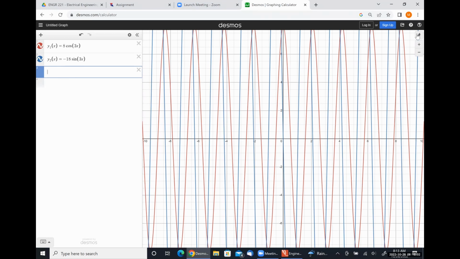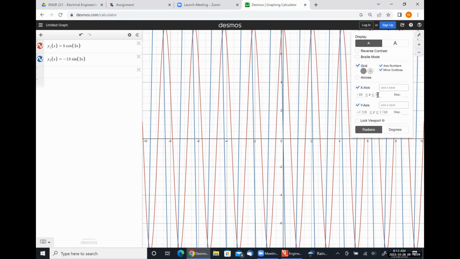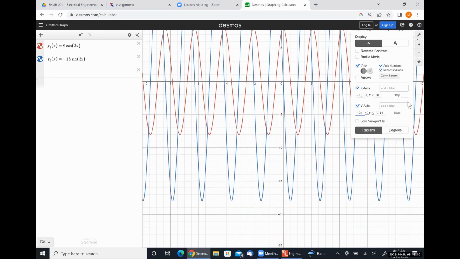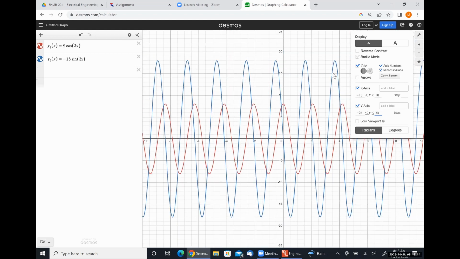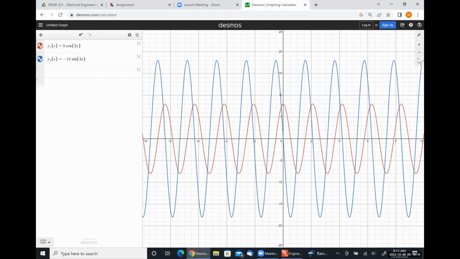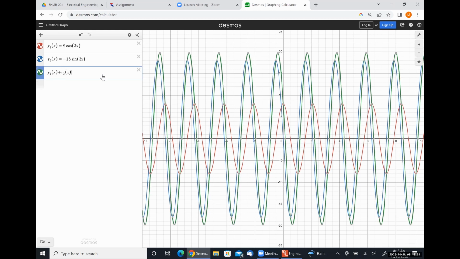And I'm going to play with the settings here so we can see both things at the same time. So let's make our y-axis from negative 25 to positive 25. So we see that we have two nice and neat little sinusoids. And what I'm going to do now is add those two things together: y1 of x plus y2 of x.